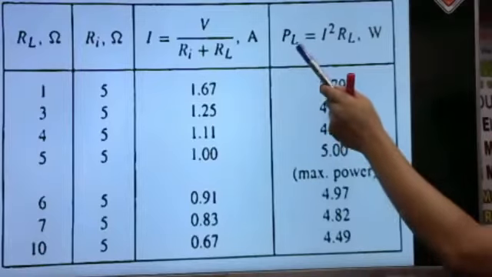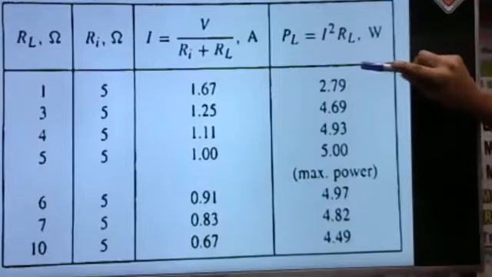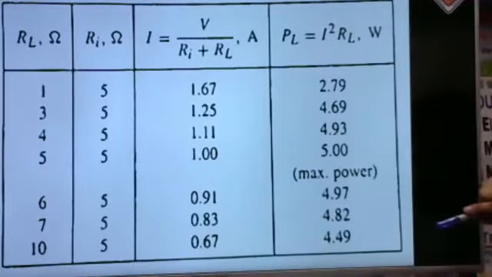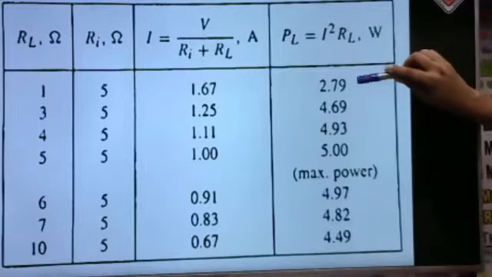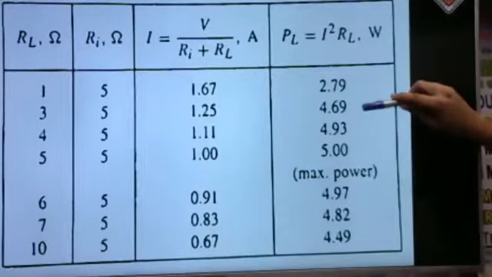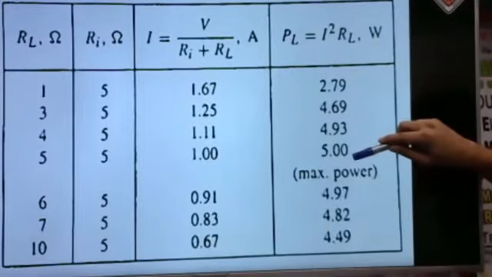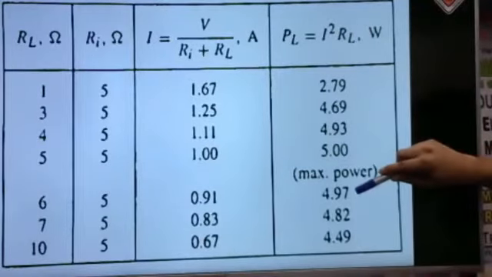What about the load power, which is equal to I squared RL? As we increase the load resistance, what happens to the load power? The load power also increases. But as we see here, when we reach the maximum value, the next value for RL becomes smaller.